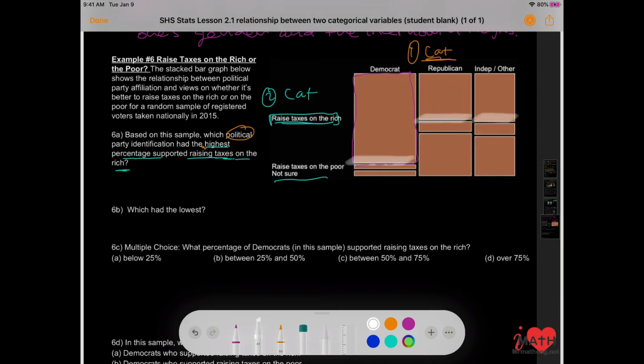The middle ones probably have no decision, they haven't really voted, and the blue ones at the bottom represent raising taxes on the poor, and they're not sure. So the biggest one is the Democrats. Remember this rectangle right here.